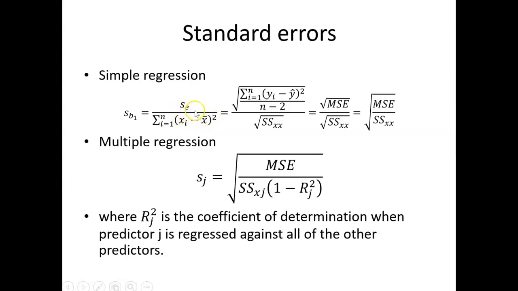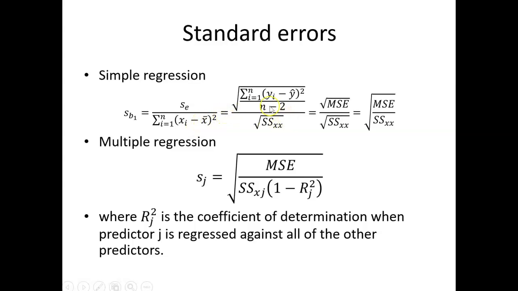And then the standard error of the regression is the sum of squared errors of the individual dependent variables from their predicted level, adjusted for the degrees of freedom, and SS sub XX was our notation for the sum of squared deviations from the mean.